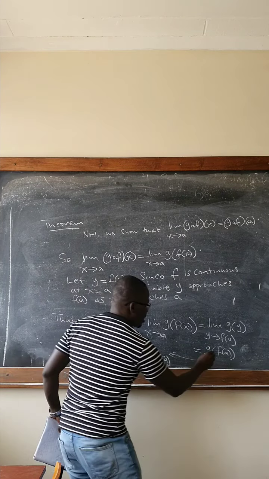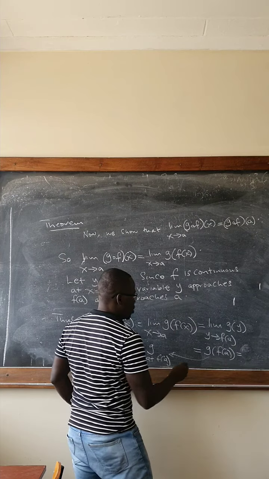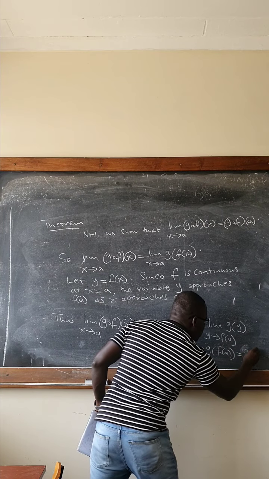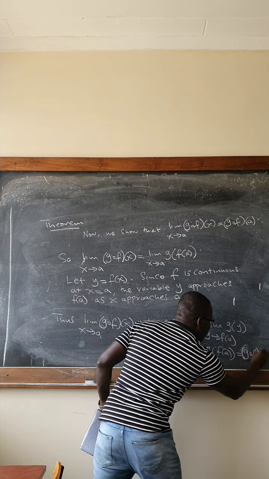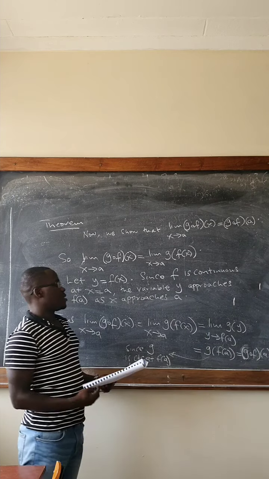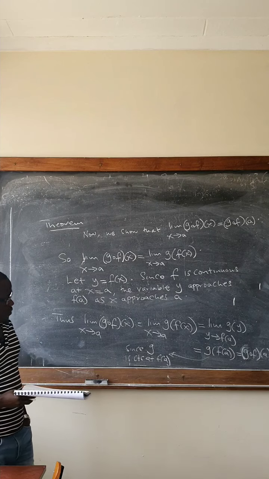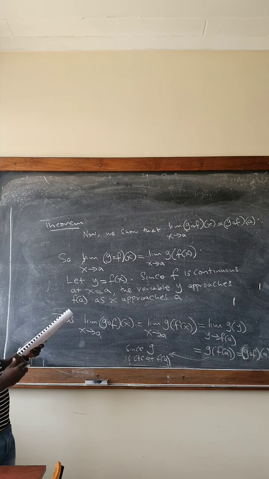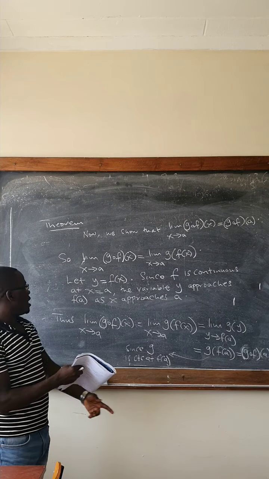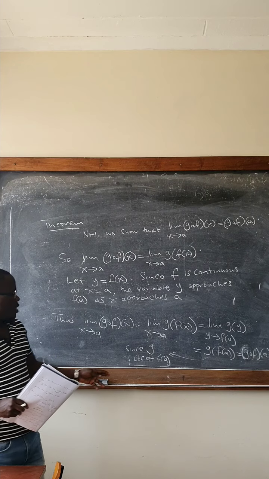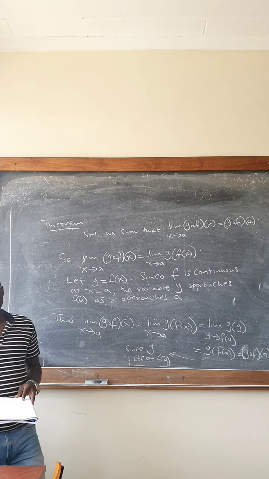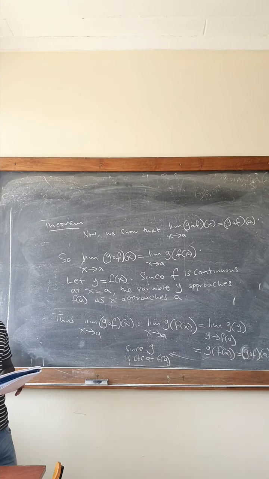And we know that this is actually the same as g naught f of a. Therefore, it is clear from here that g naught f is continuous at x is equal to a.